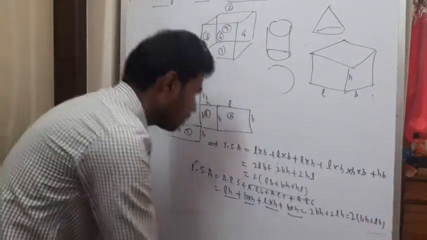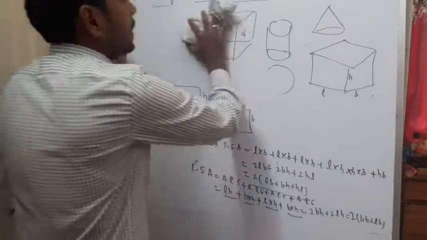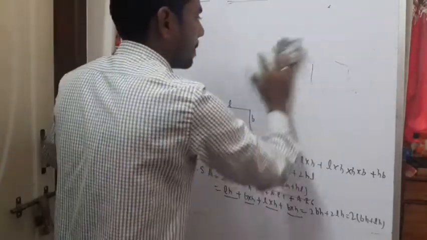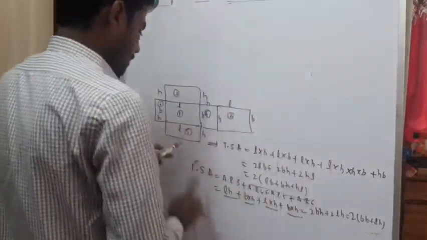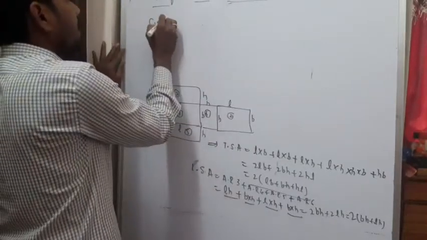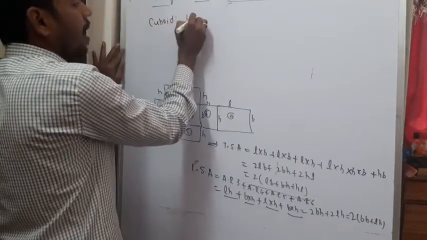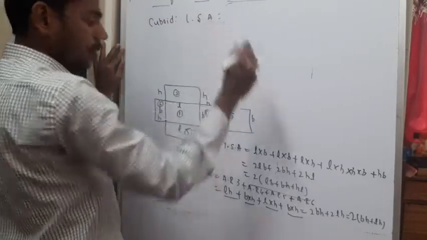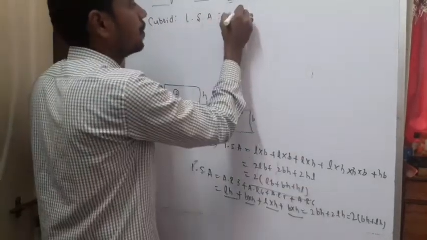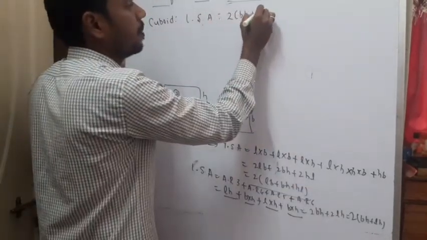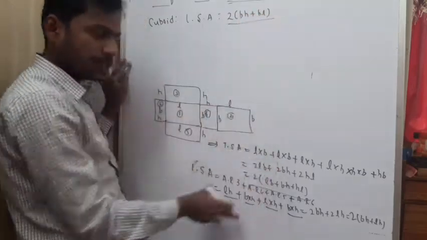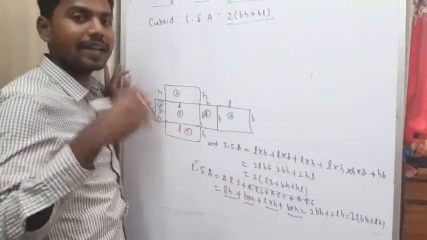So for a cuboid, lateral surface area is equal to 2 into BH plus HL. You need to note this down and you need to know the logic, then you can remember the formula.